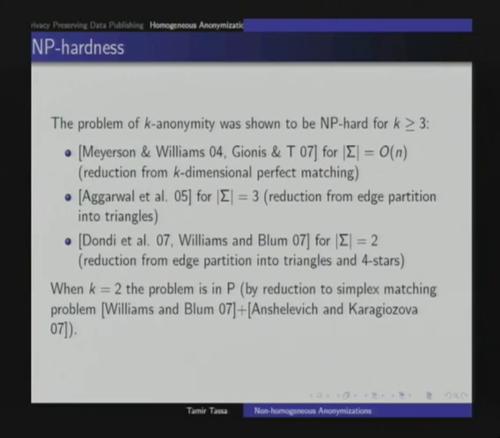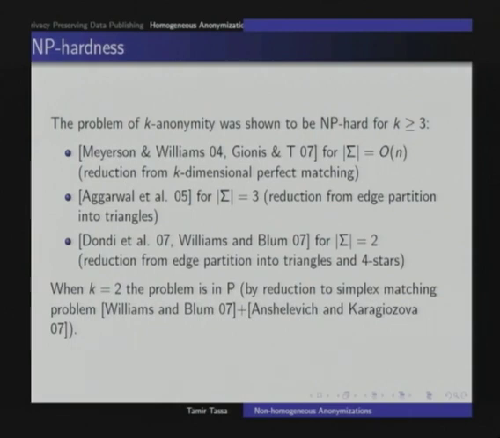They used a reduction from edge partition into triangles. This is a problem which is known to be NP-hard, in which you have a graph and you want to split the edge set of the graph into distinct triangles. This is a hard problem. Later on, yet another improvement was provided by reducing the size of the alphabet to 2, by reduction from a different problem.